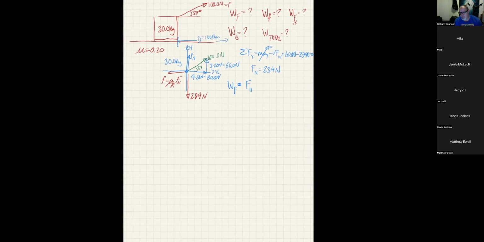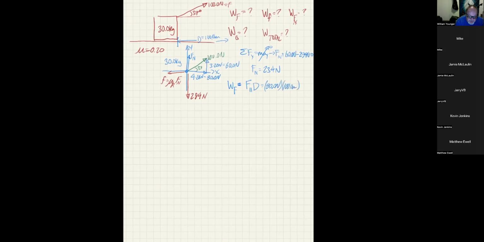Okay, and it's horizontal. So I'm just going to take the component of F parallel to D and multiply it by D. Well, the component of F parallel to D is just that 80 newtons. So I'm going to say 80.0 newtons times 100.0 meters.